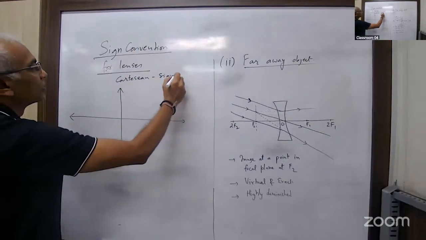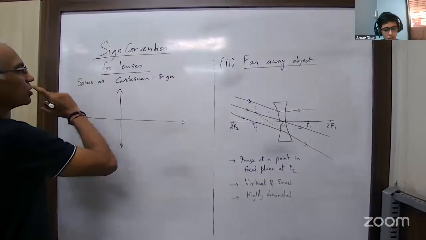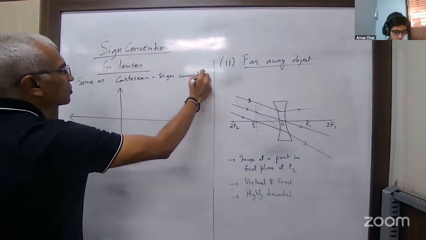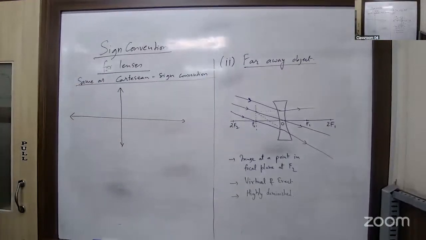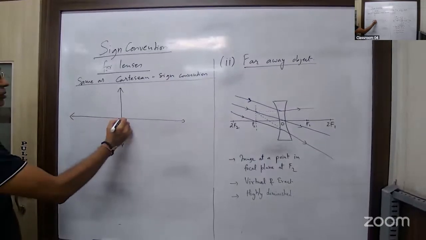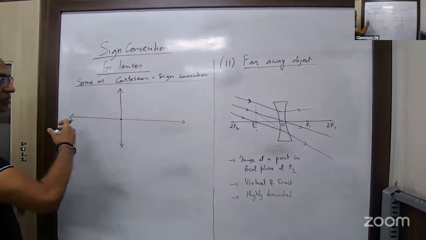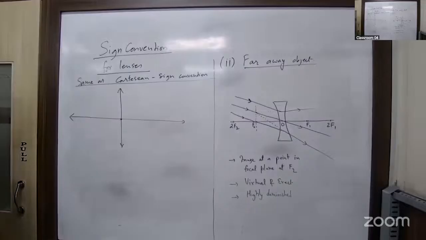Yes. Everybody is familiar with Cartesian sign convention, which is the sign that we use for making graphs. The x-axis, in case of a lens, becomes your principal axis.